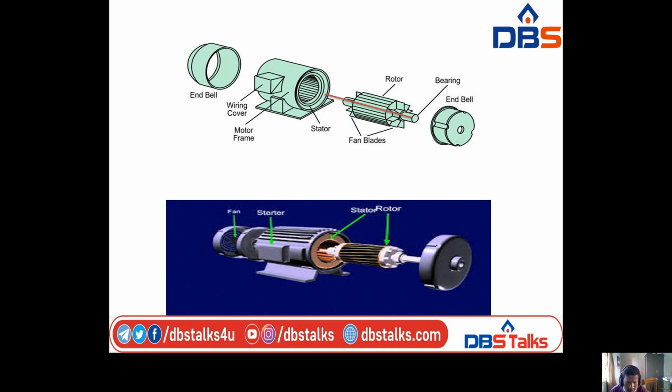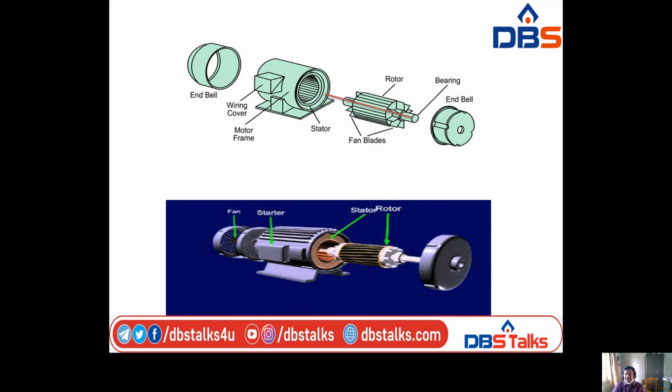Look at the overview of the three-phase induction motor. This is the wiring cover; we give the three-phase supply from this box, and this is the motor frame, that means the stator frame. Below this the stator is available, and this is the rotor. The rotor is the rotating part, and it has fan blades, and this is the bearing, end bell or end rings.